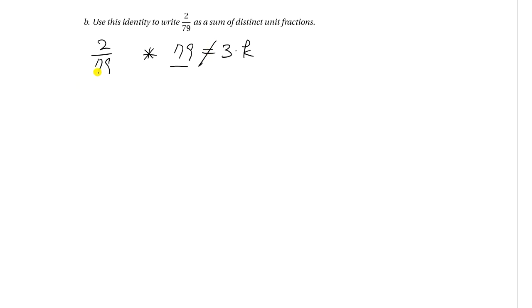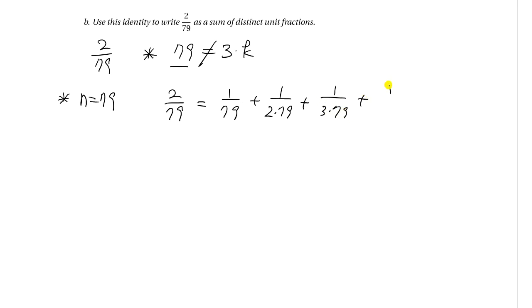Then let's just use the second formula. Let's treat this one as 2 over n, right? So let's say n is 79. Then by that, 2 over 79 equals 1 over n and 1 over 2 times n and 1 over 3 times n and 1 over 6 times n, right?